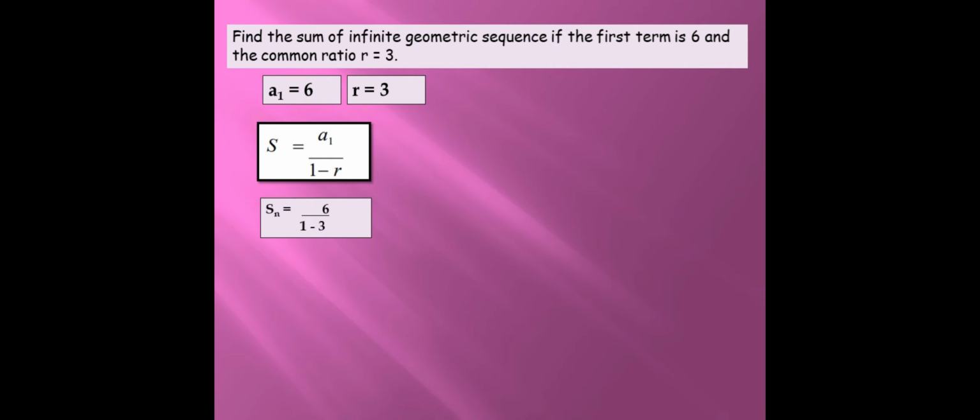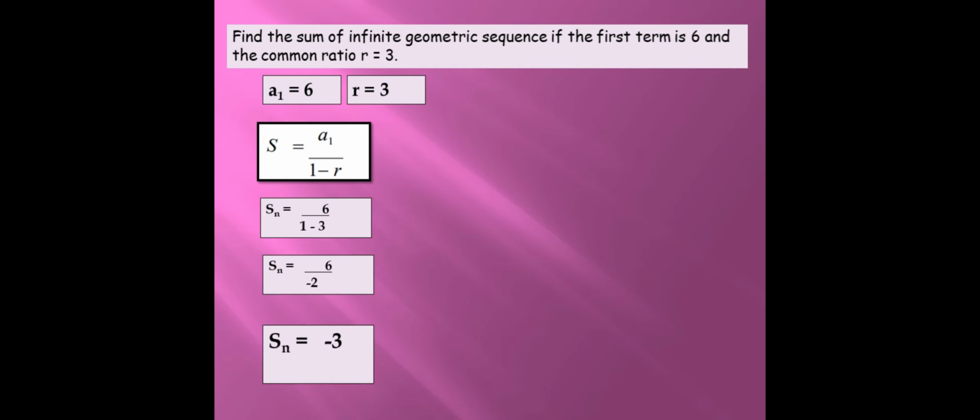So, by substitution, S is equal now to 6 over 1 minus 3. Yung 6, yung value ng A sub 1 natin. Yung 3 is yung common ratio natin na r. Okay, so ito na yung lalabas. 6 over negative 2 because 1 plus negative 3 is negative 2.